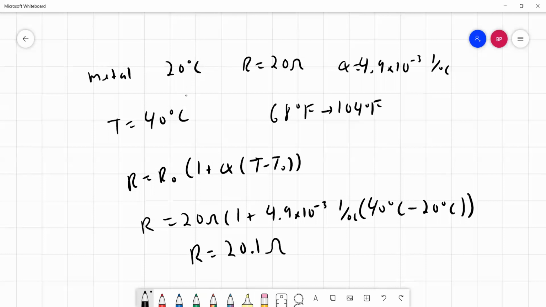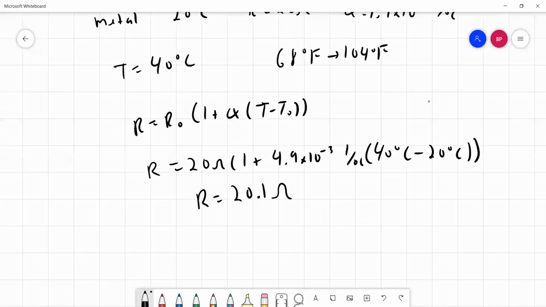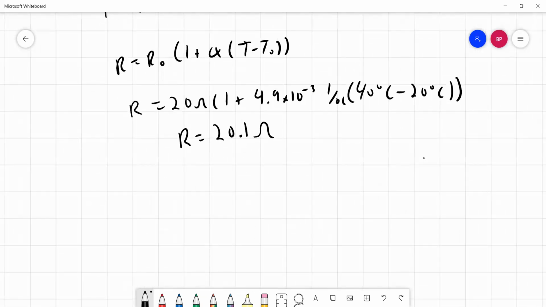So we literally doubled our Celsius temperature, or we went up almost 40 degrees Fahrenheit, and our resistance only increased by about 0.5%. So extremely small. So we can see why Ohm didn't notice this, right? Whenever Ohm found his law, he said that the resistance was some constant that doesn't change as you increase the voltage.